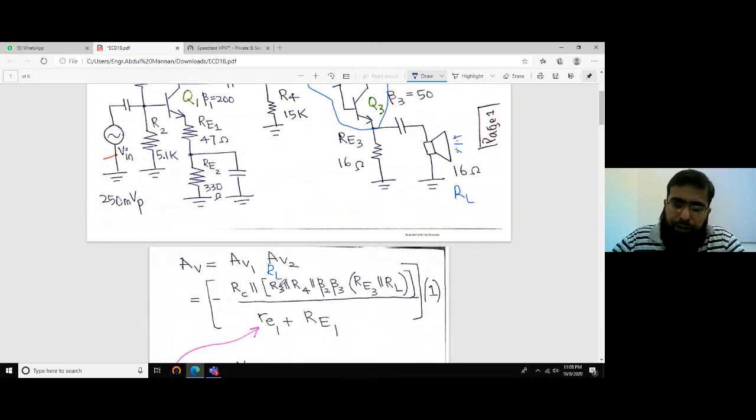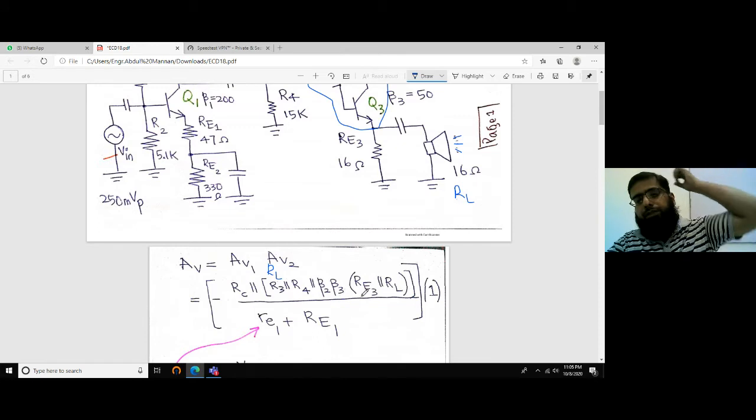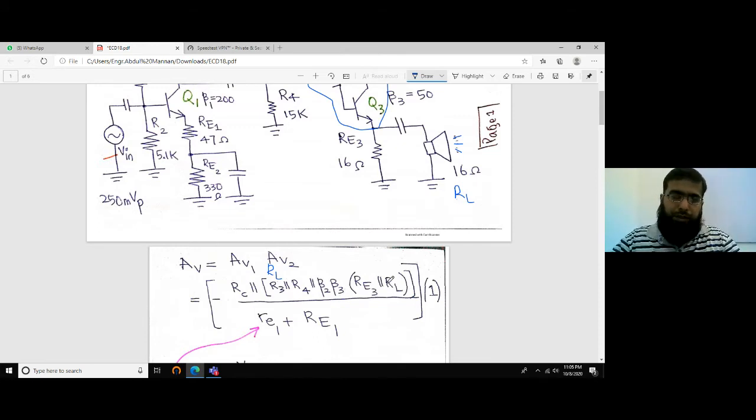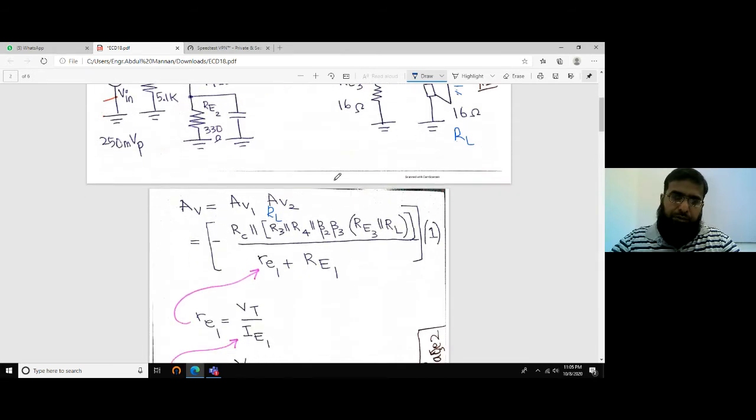Instead of RL, we put R3 in parallel with R4 in parallel with beta 2 times beta 3 times RE3 in parallel with RL. For that, everything is given. RC is given in the circuit, R3, R4, betas are given, RE3 is given, RL is given. Everything is given except the small re. RE1 is also given. So to calculate that small re, but before that, AV2 is 1.